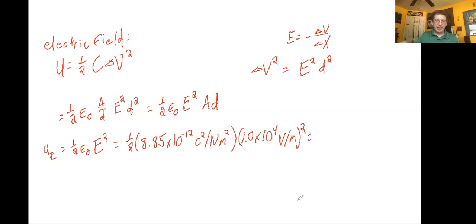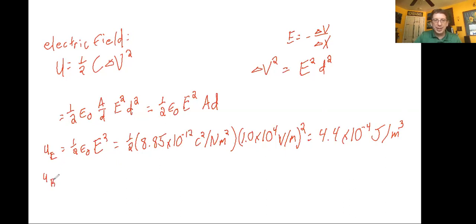So you plug those numbers in. That's 0.5 times 8.85 times 10 to the negative 12 times 1 times 10 to the 4 squared. And you get, with two significant figures, 4.4 times 10 to the negative 4 joules per cubic meter. So that's how much energy is stored per volume of space inside the capacitor.